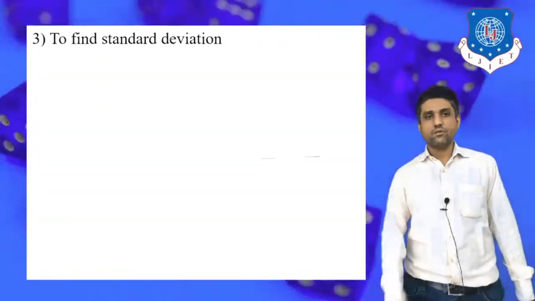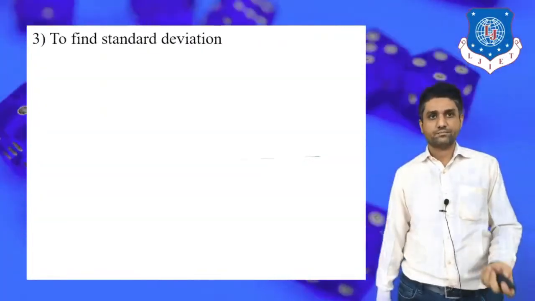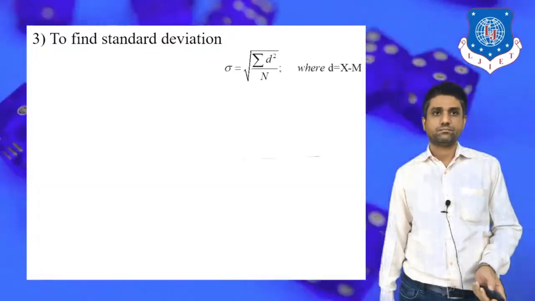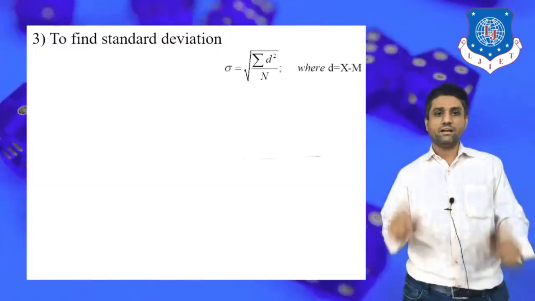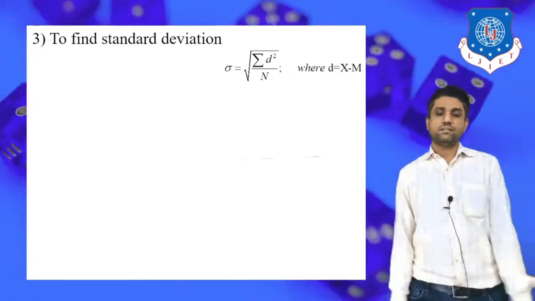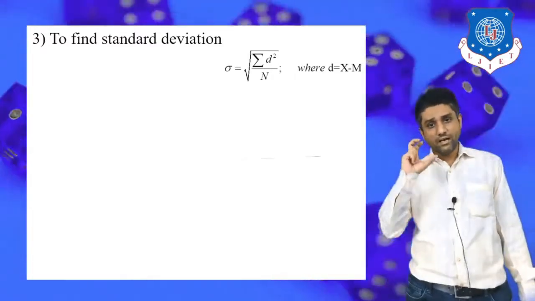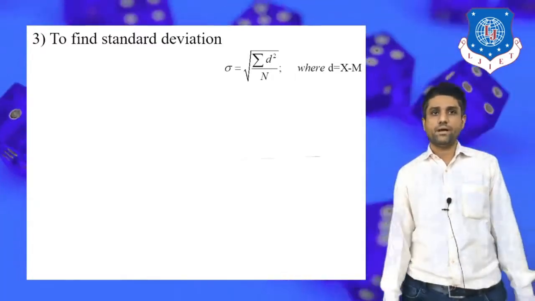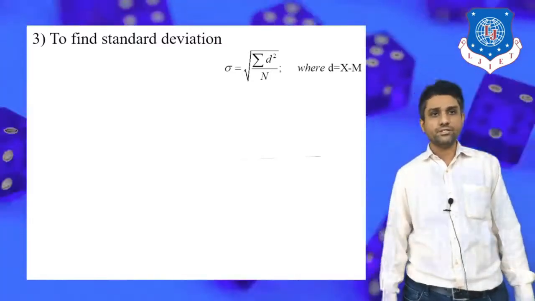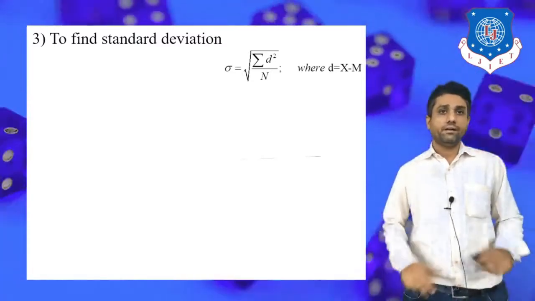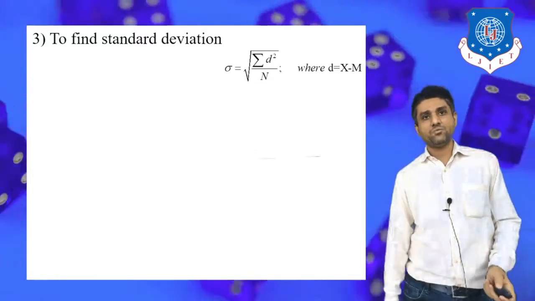Next we have to find the standard deviation. When ungrouped data is given, the standard deviation is calculated using the formula square root of the sum of d square upon n, where d is x minus the mean.